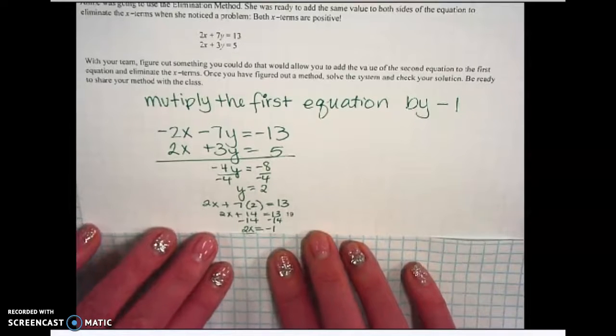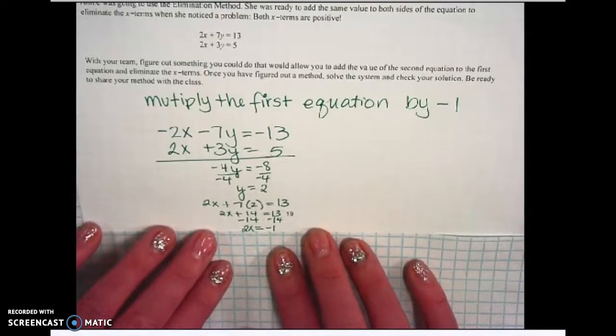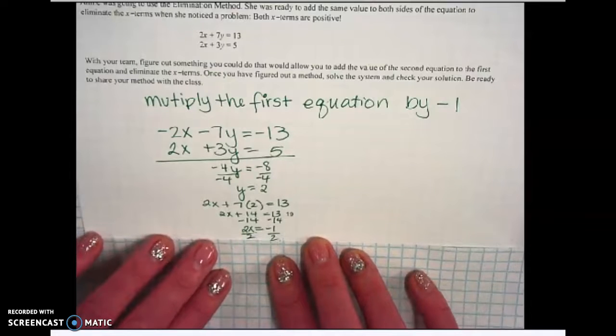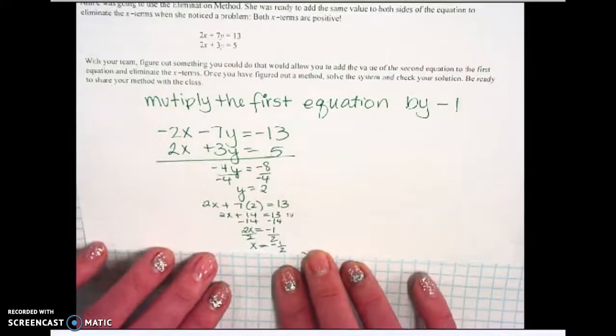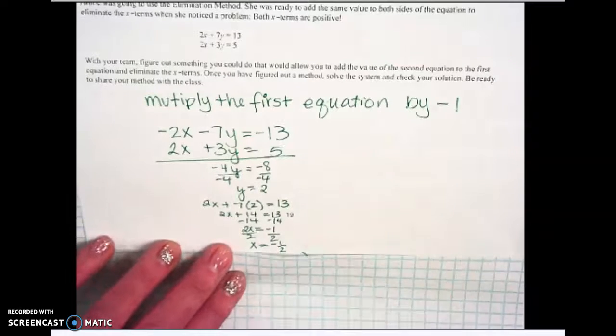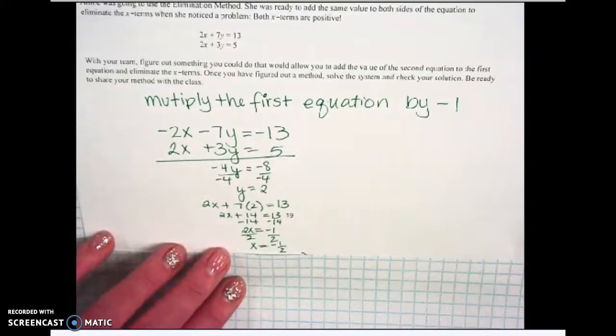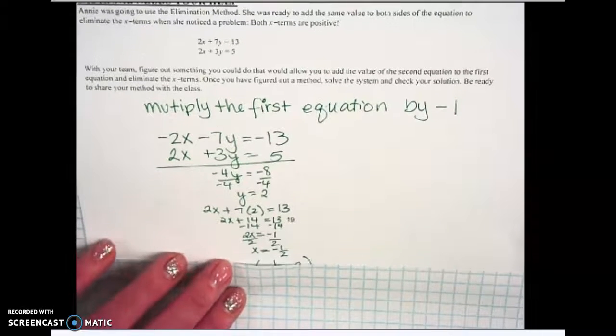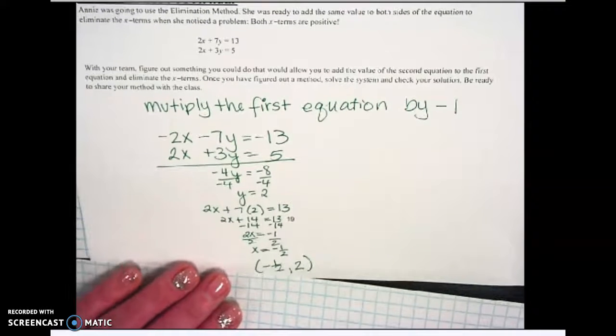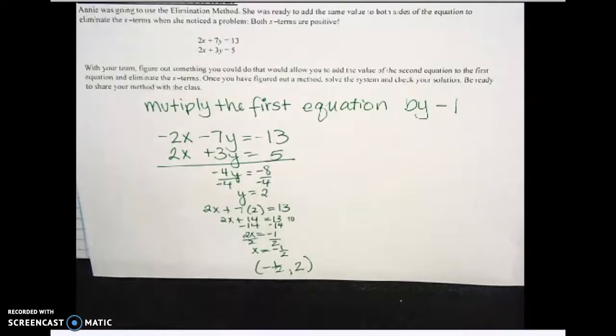That leaves me with 2x equals -1. So I divide by 2. And my final answer is -1/2. Since this one's an x and a y, I can write my answer as an ordered pair. So I write my x value first and my y value second. All right.